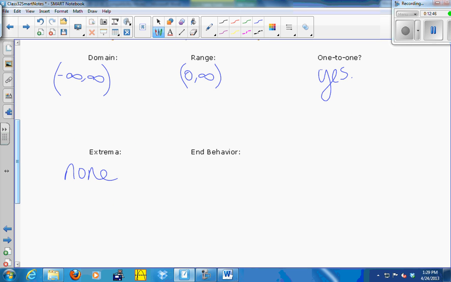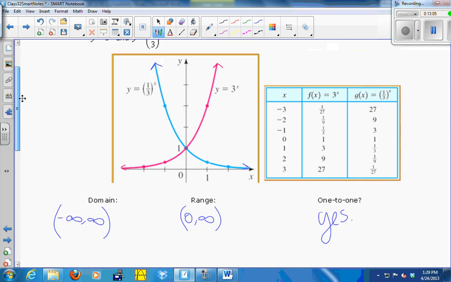And end behavior, I have to describe the behavior at both ends. So I'll say as x approaches infinity and as x approaches -infinity, what happens to y? So as x approaches infinity, as my x values go really far to the right, what happens to the y values on this graph? They go to 0.